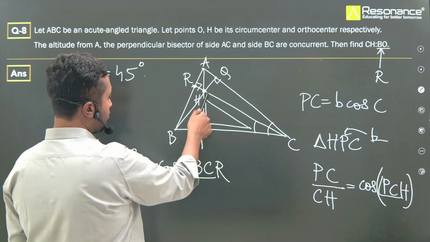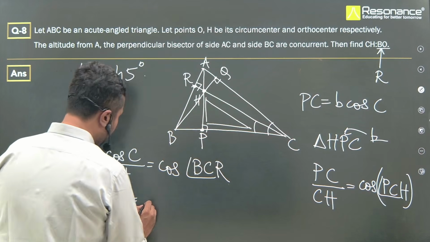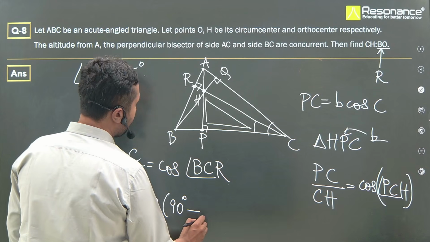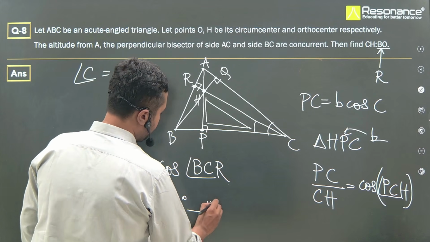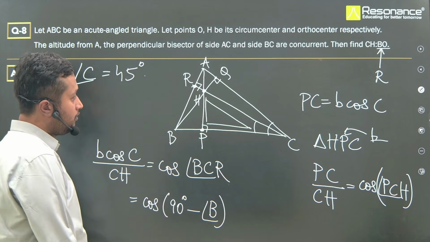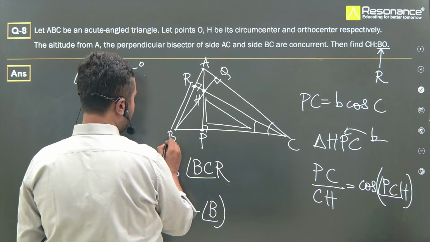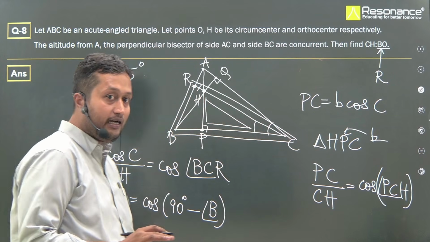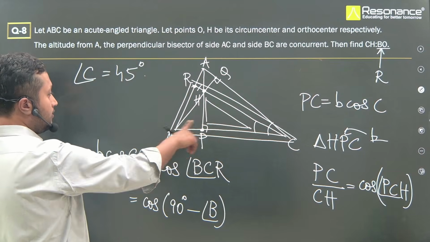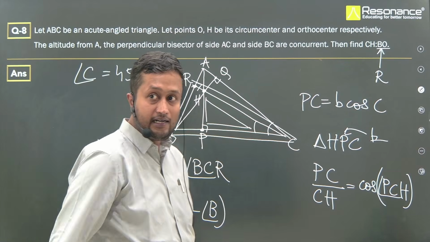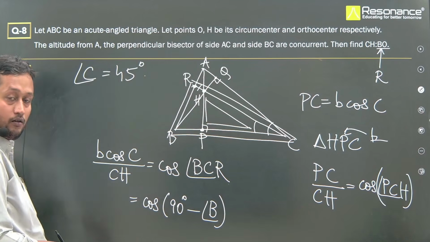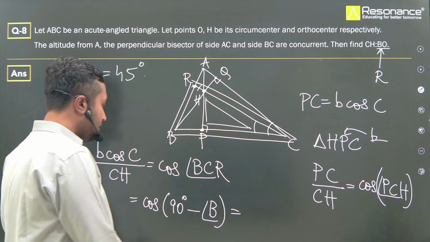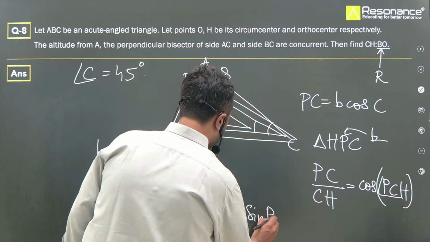I'm extending these two points. But now that quantity I can write as 90 degrees minus angle B. How am I getting that conclusion? I'm looking at this triangle. Angle R is 90 degrees, and then the other two angles must add up to 90 degrees, right? So cosine of 90 minus B, what should that be? That is sine of B.